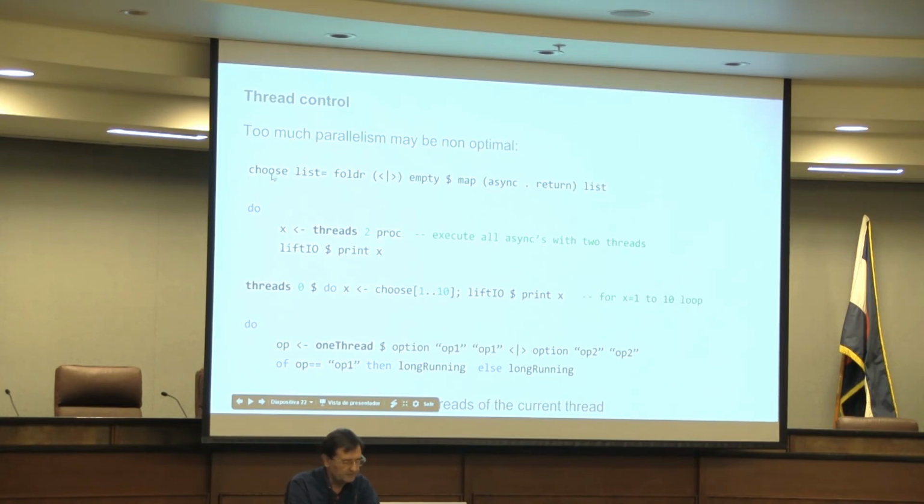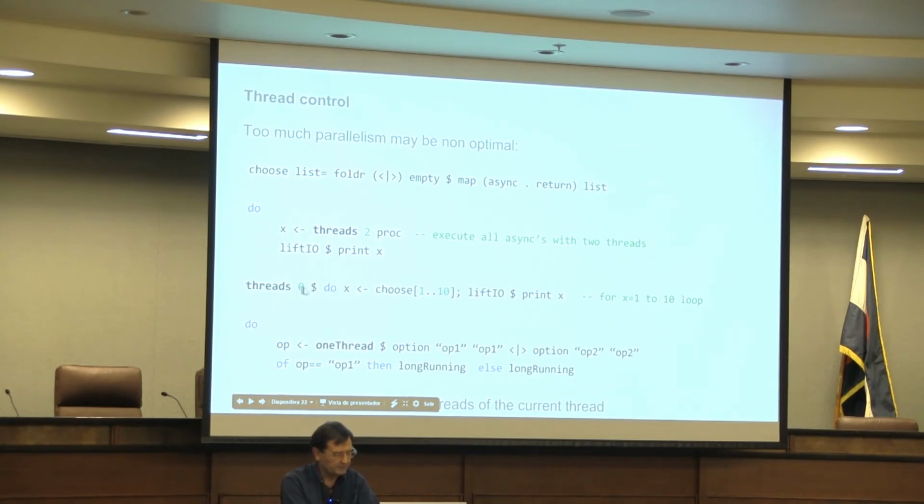This is a primitive which is a fold of many async tasks. Each one returns a value. So it's exactly the same as a list monad, which can process using indeterminism, only that each result is processed in a different thread.